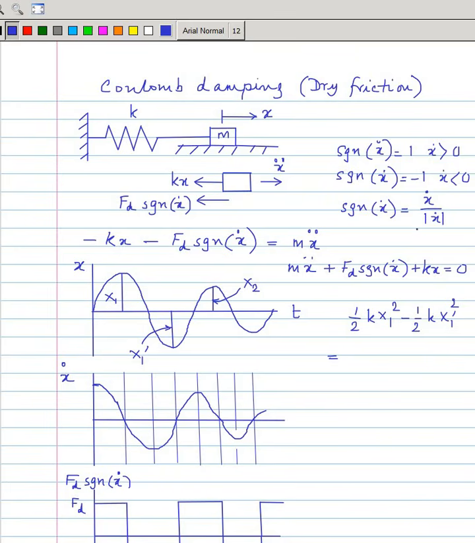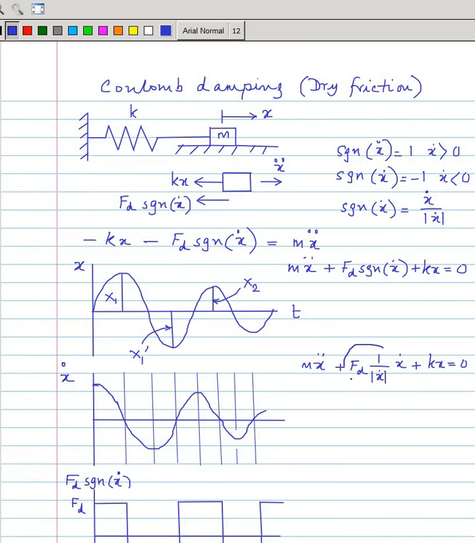So if you put it here, Fd times x dot by magnitude of x dot, this becomes m x double dot plus Fd, which is a constant, times 1 by the magnitude of x dot into x dot, plus kx equal to 0.